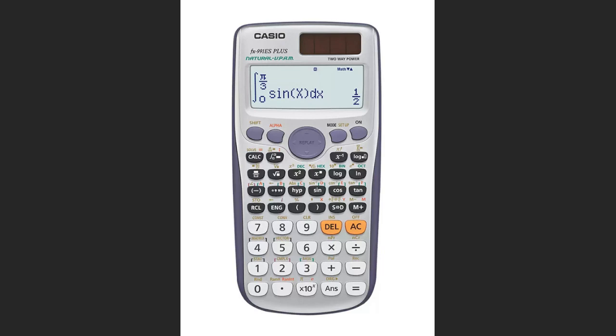So you have to press mode, then 5. You'll get 3 choices, I think. 1, 2, 3. 1 for maybe linear equations. The second one for a cubic equation, I think, maybe something like that. The third one is ax squared plus bx plus c equals 0. You have to choose the 3.